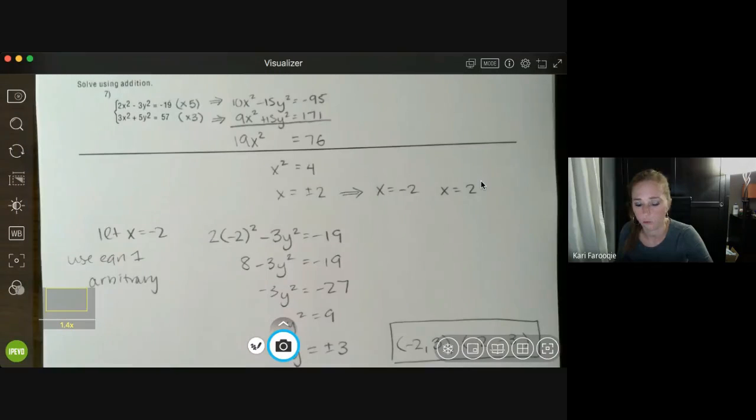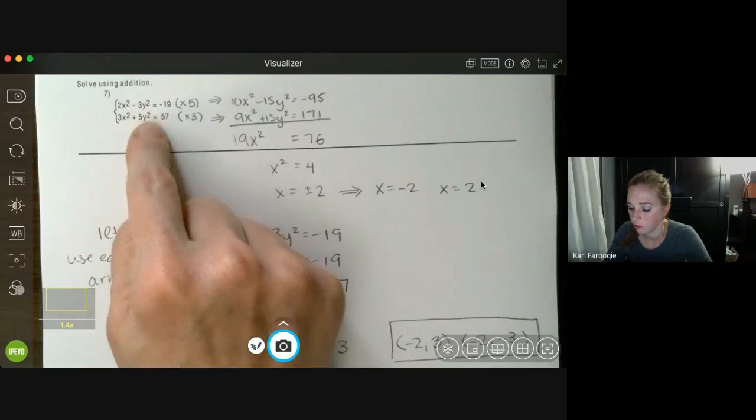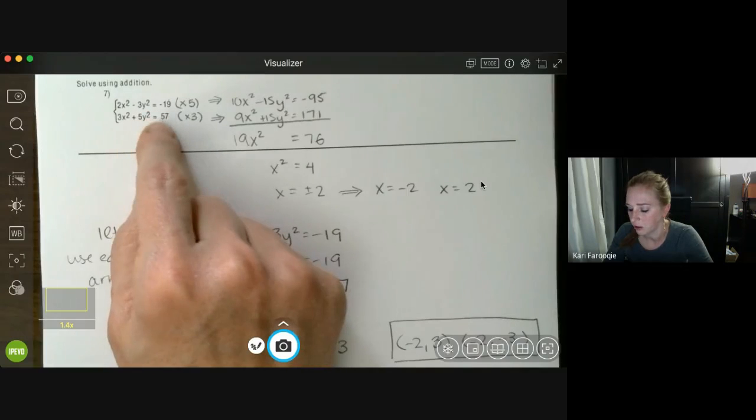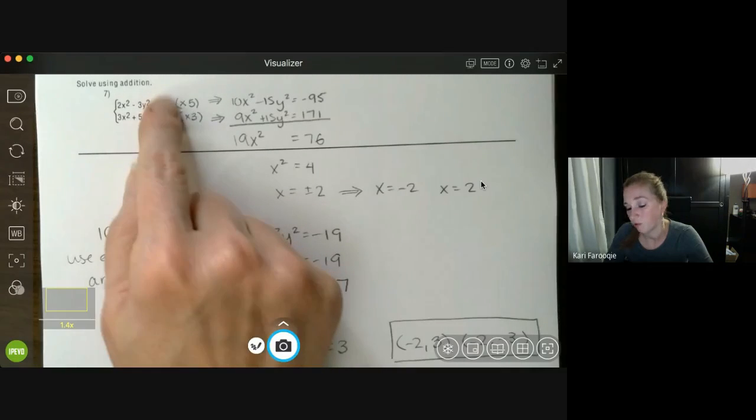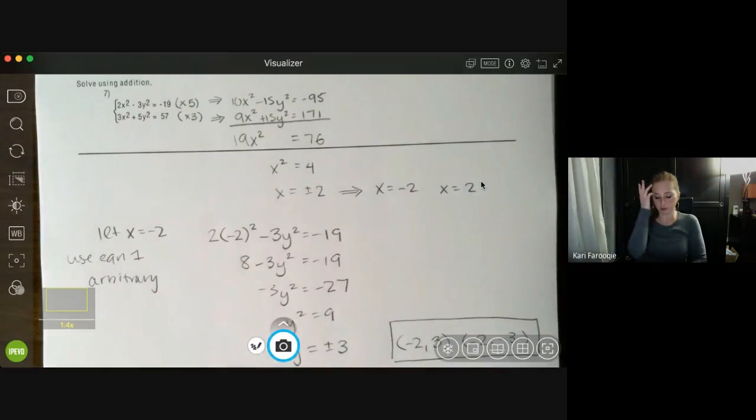Does anybody know what type of graphs we'll get for equation 1 and equation 2? What do you think? There are 2 different types of graphs. If you don't know, it's okay, because we're going to learn about it in chapter 7. Just wondering if anyone knows.